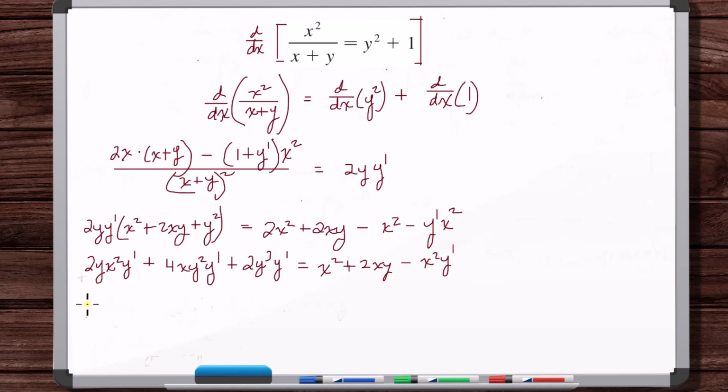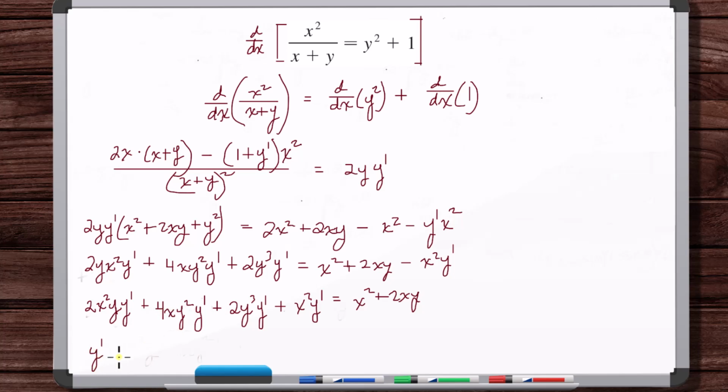We'll put x squared first: x squared y prime, plus 4x y squared y prime plus 2y cubed y prime plus x squared y prime, and then we have x squared plus 2xy.